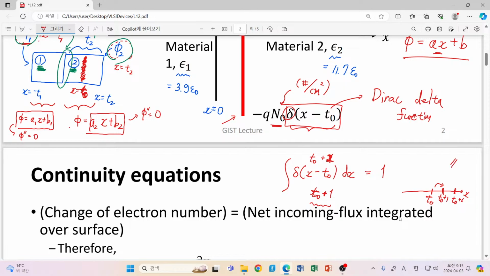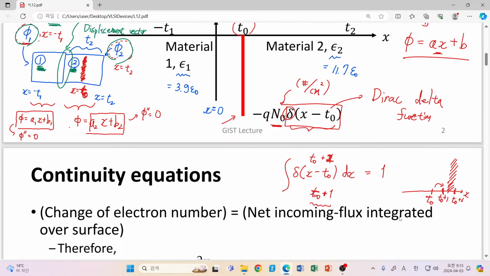If we integrate only over this interval, which does not include t sub naught, then it gives you just 0. So simply speaking, this Dirac delta function just detects whether your integration contains the center of the Dirac function or not.